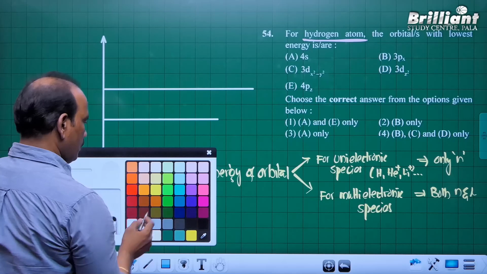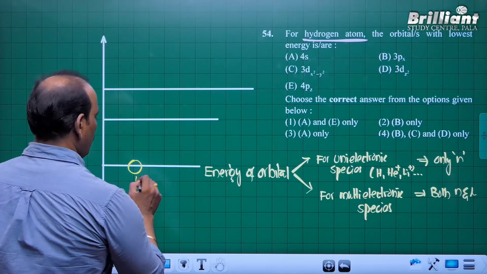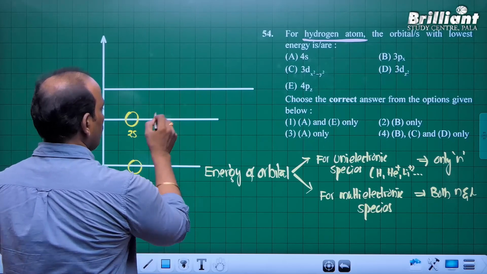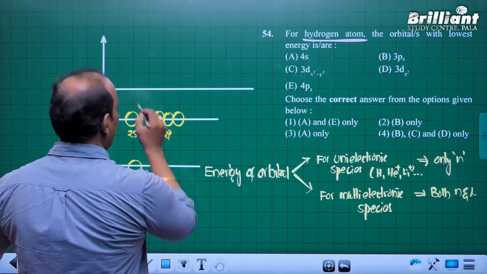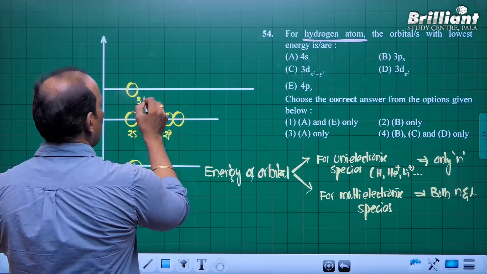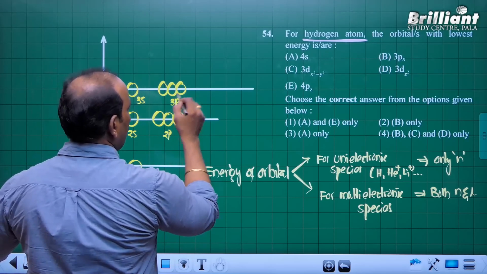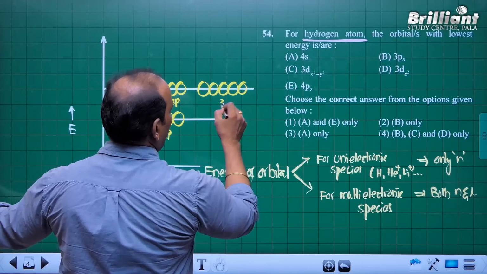Then the orbitals. Now this is 1s, here this is 2s, 2p, next this is 3s, 3p, 3d.